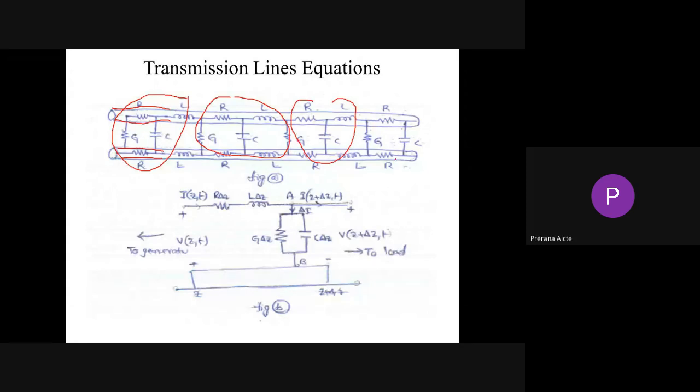Then the total equivalent circuit of the transmission line gives the expression called the transmission line equation.